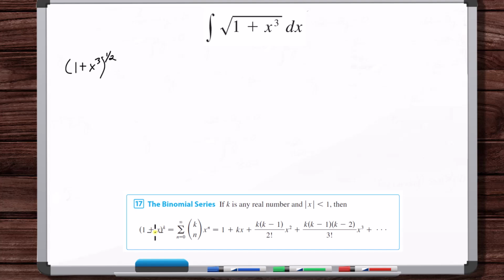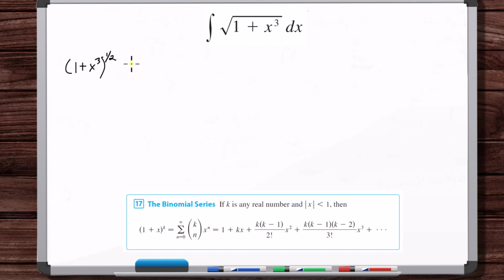Remember, with binomial series there's no center point. The binomial series is centered at 0. It's all about pattern matching. Like if you look here, it's not x minus something, it's x minus 0. The a is 0.